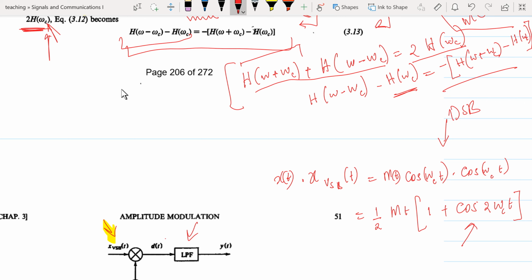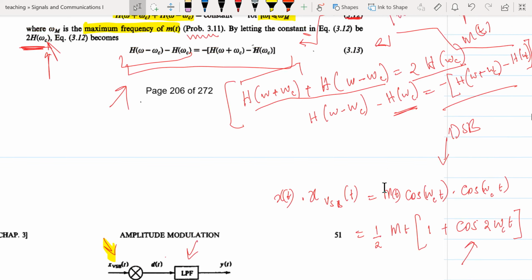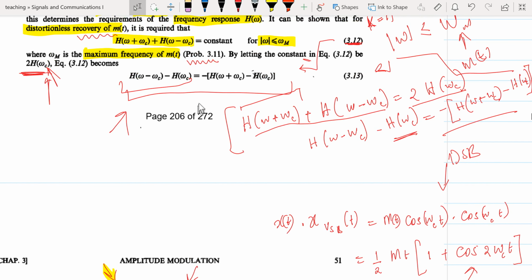And it is equation 3.13 that actually shows that the frequency response of our vestigial filter has anti-symmetry, or it's unsymmetric about the carrier frequency. And this equation 3.13 clearly shows that.